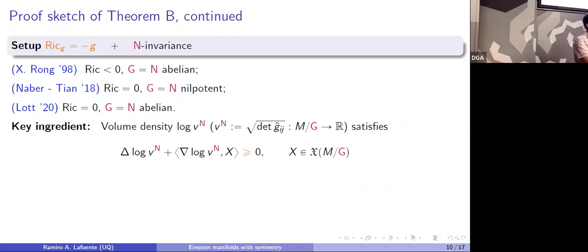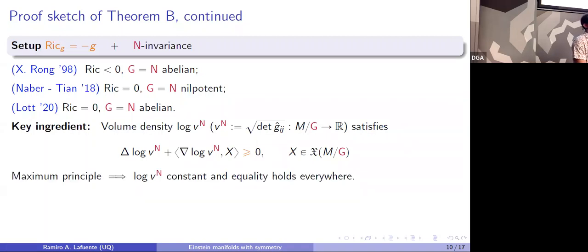If you have such a differential inequality, this implies immediately that the function is constant by the maximum principle. And therefore you have equality here, and this is the important piece of information, because to prove this inequality you used the Einstein equation. You used estimates, you threw away things. So that's how you gain information out of such a differential inequality.